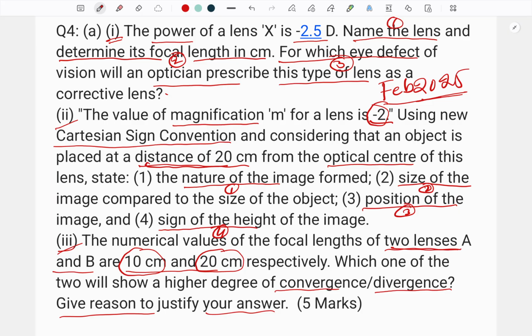It's actually pretty easy, because three different concepts are given here, and all three together frame a question for 5 marks. You will see many of these kinds of questions in board examinations. Don't worry. Now let us solve these part by part. Here we have three parts: part 1, part 2, and part 3.